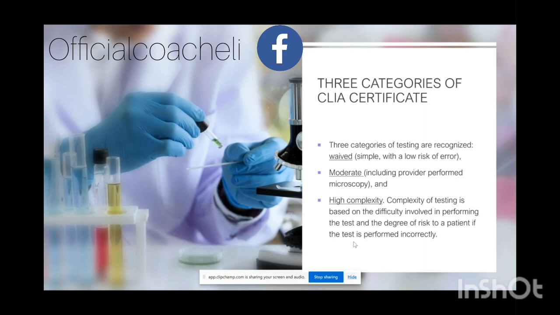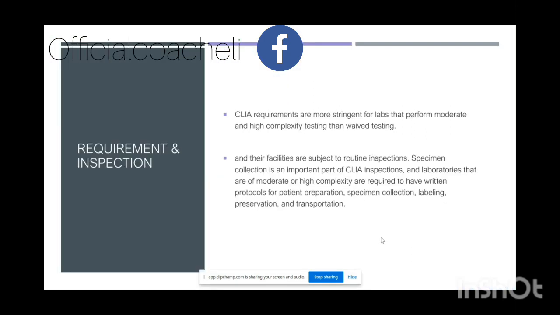So it involves a lot of risk. So when you're applying for your CLIA certificate, you would have to specify if it is for waiver, moderate, or high complexity. And in this situation, you would need to have a doctor or providers on board and all those things. The application process is different, and you would definitely need to go through survey.